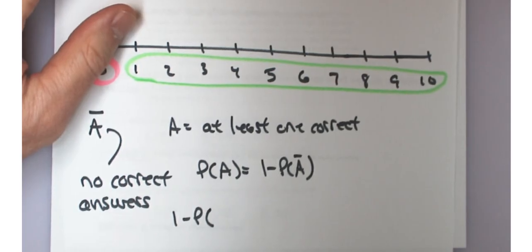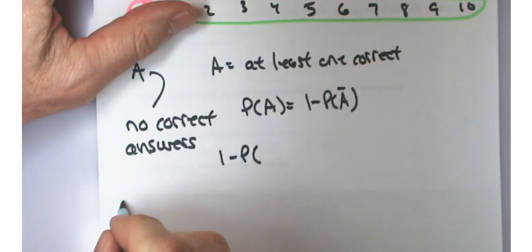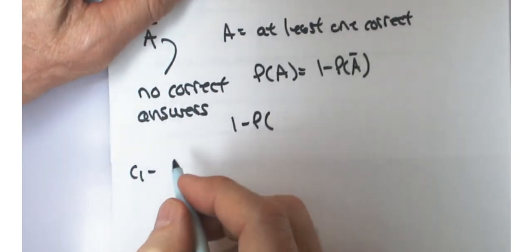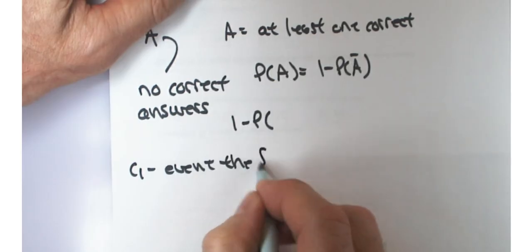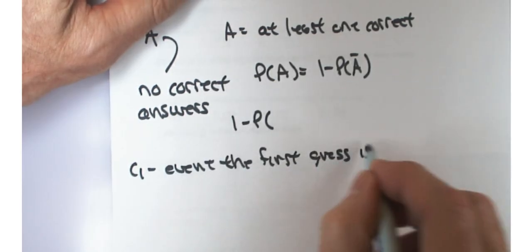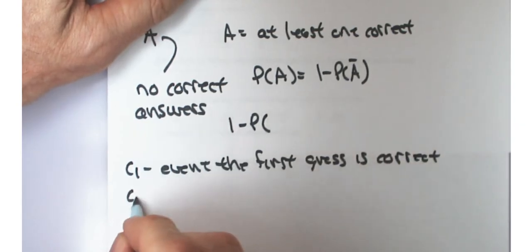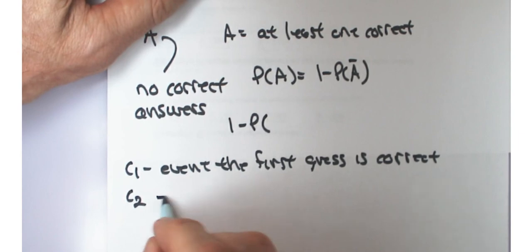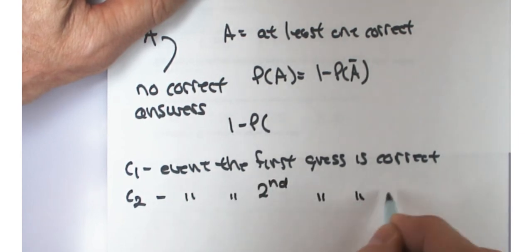So let C1 be the event the first guess is correct. And then you can have C2 be the event the second guess is correct. And so on.